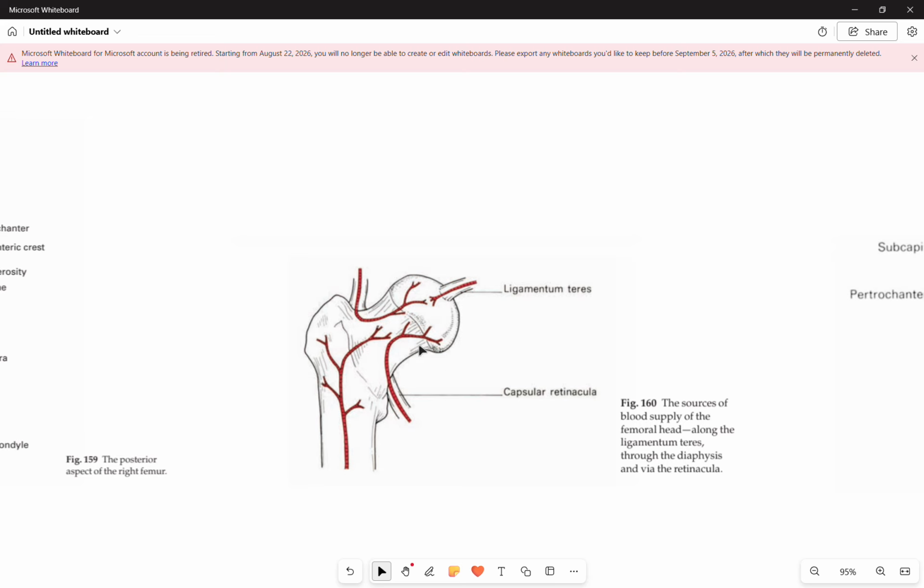And if the fracture is subcapital, cervical or basal, these arteries are going to be cut off, and the remaining artery would be coming from ligamentum teres, which is not sufficient to supply the neck and the head, and it will cause avascular necrosis.